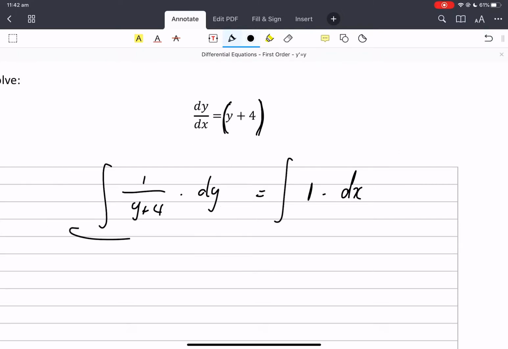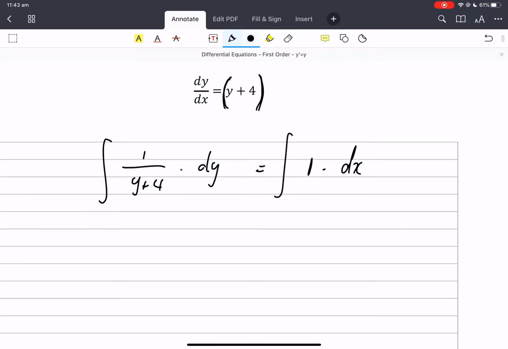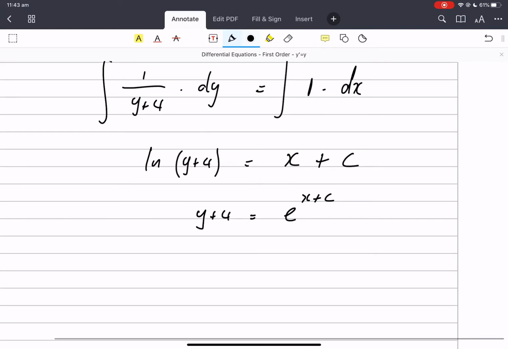Love it because I've got y's and dy together, and we're looking at that going fantastic. I love logs. That's the natural log of y plus 4, and the integral of 1 with respect to x is just x, and we've got to add the c because we've just integrated. I've still got to get y equals, so I'm going to apply my sock rule, and then get y equals.